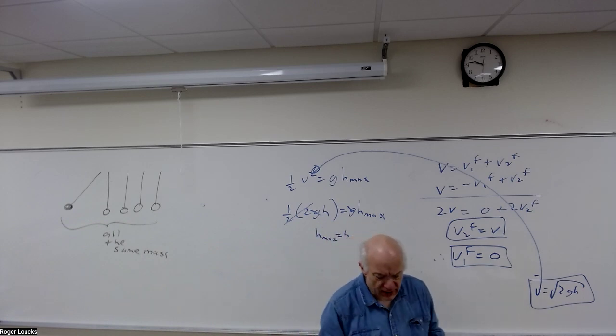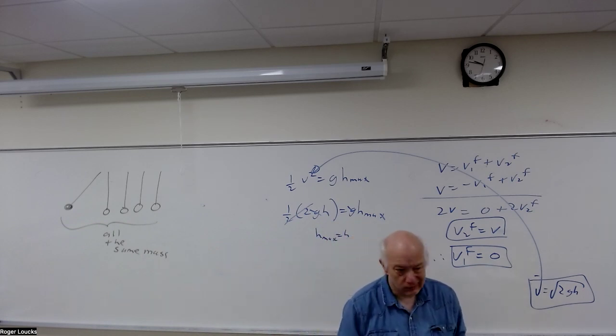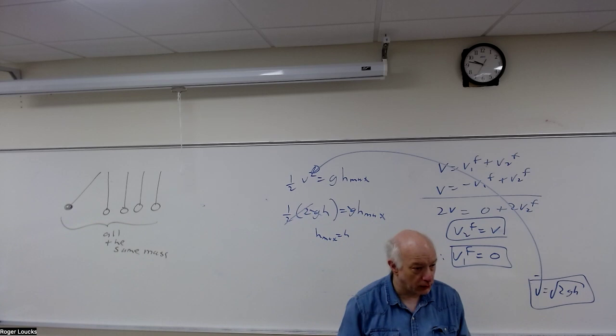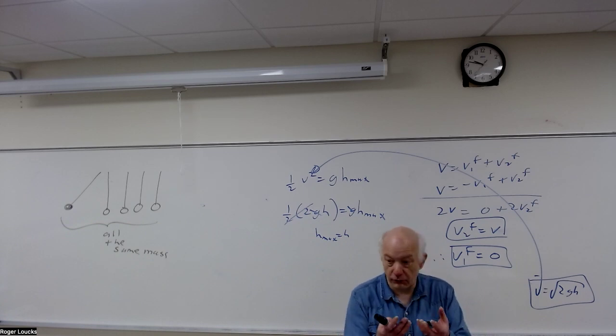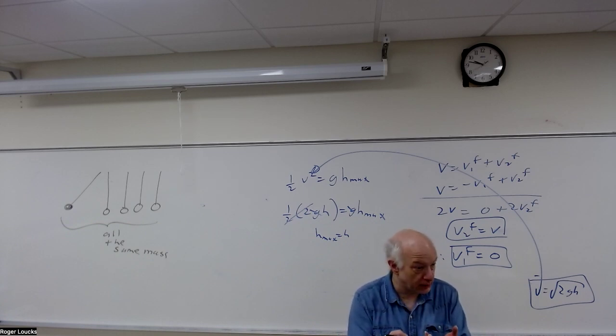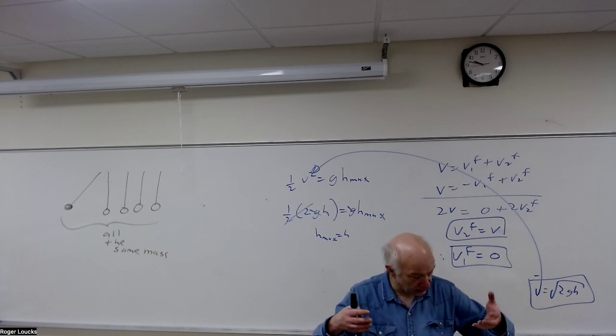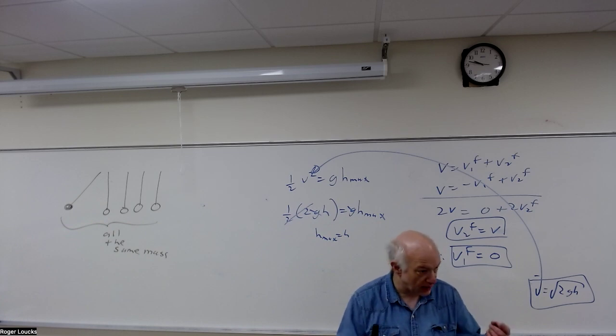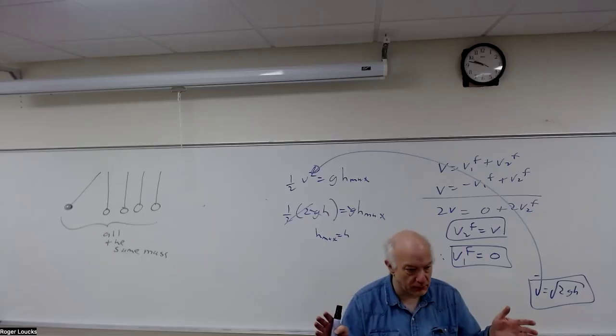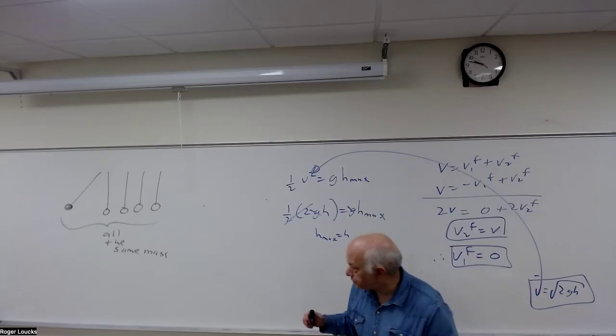Steel balls. If I had marshmallows here, no, it's not going to work very well. But with steel balls, there's very little deformation in any of the collisions. There's obviously noise, so you're losing a little bit to sound waves. You're getting some vibrations. But for the most part, it's not a bad approximation to say it's elastic.